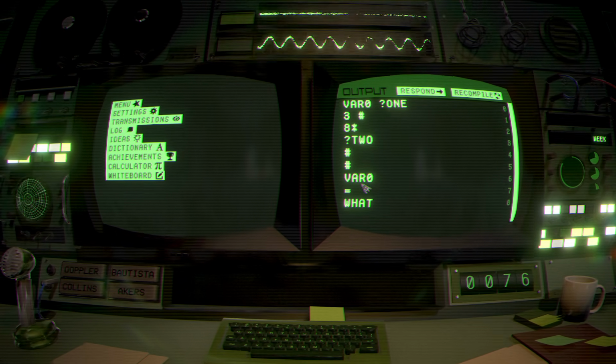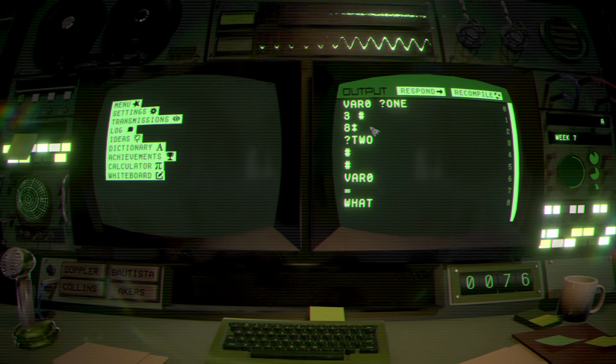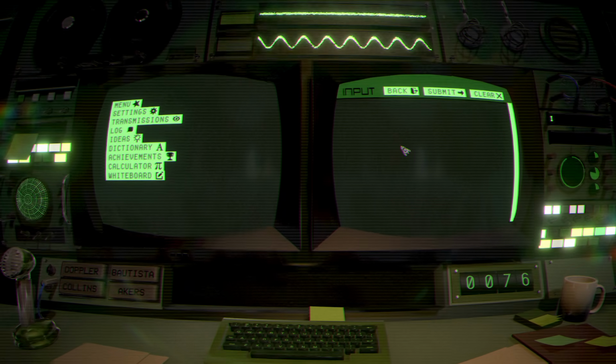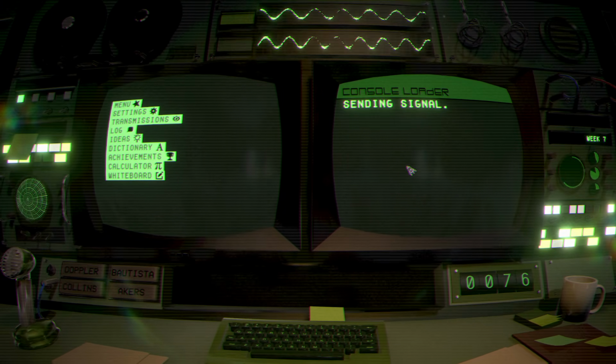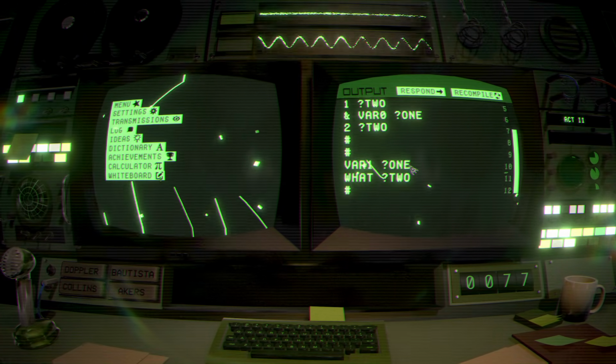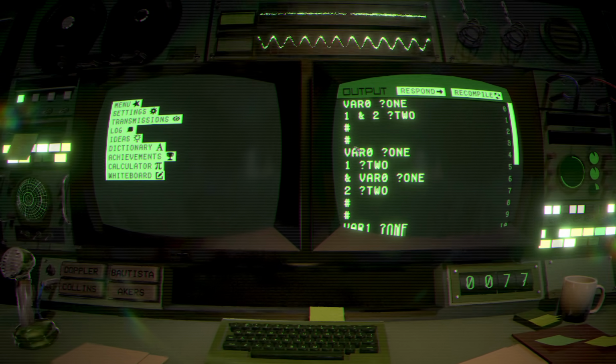If there's any clear way I can read this. I mean, 8 times 3 is 24, so let's just try that. Okay, so it's true, but why?